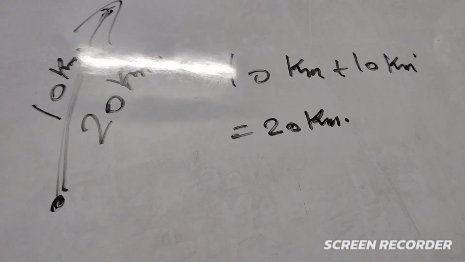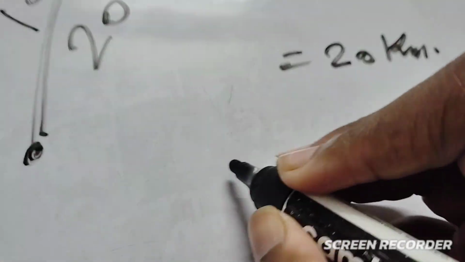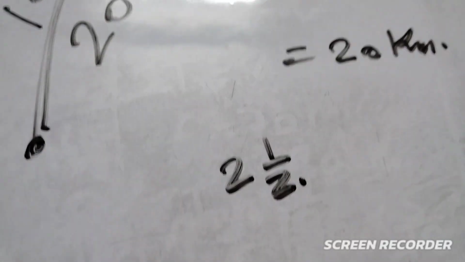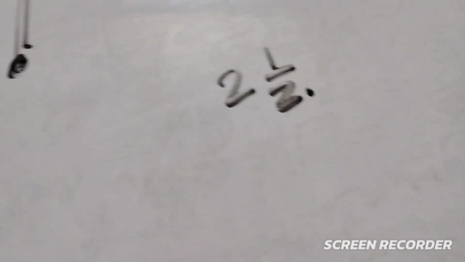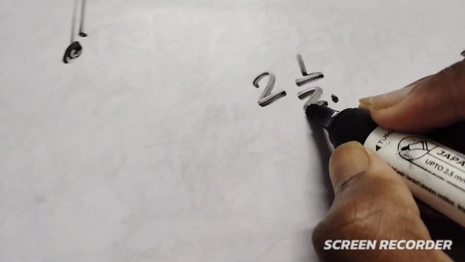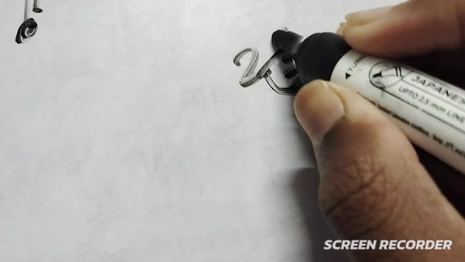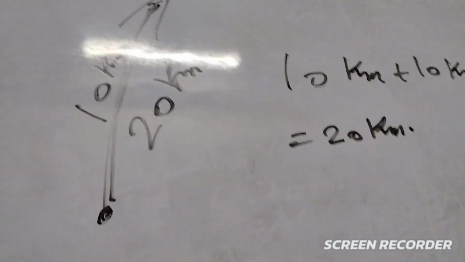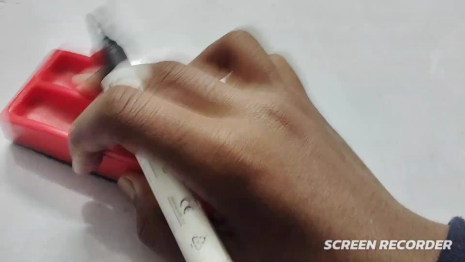And it comes in 2 whole 1 by 2 hours, that is, we convert the mixed fraction: 2 into 2 plus 1, this and this will be multiplied and this will be added, so it will be 5 by 2, an improper fraction. Okay, as you have understood the question, we have to find out its speed.